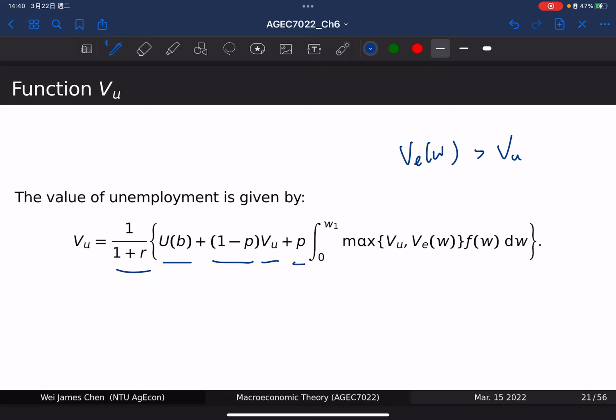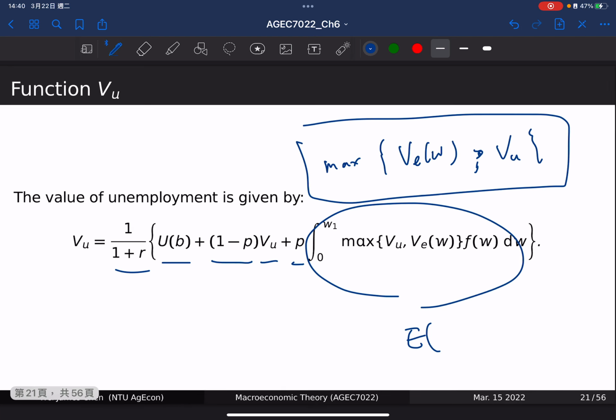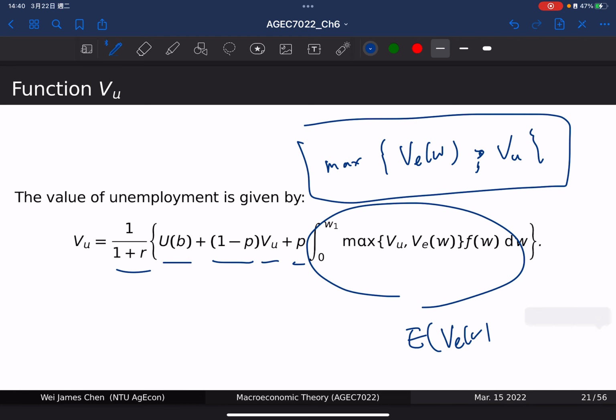So I'm taking the max between these two. Taking the max means I always take whatever is higher, right? And then I basically take an expectation of this thing. That's this term, so this is basically the expectation of the max of VE of W and VU.